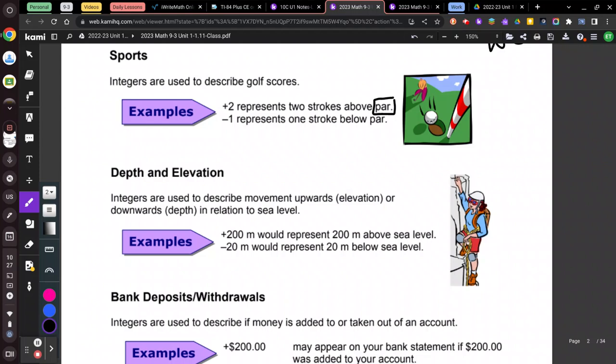It's a par 70 course. If you hit 70, you hit par. So anything above that 70 would be above par. That means you needed extra strokes, so you're not as good of a golfer. If you're under par with the negatives, you're a better golfer because it takes you fewer swings to get your ball to the hole. So that's how that's represented.